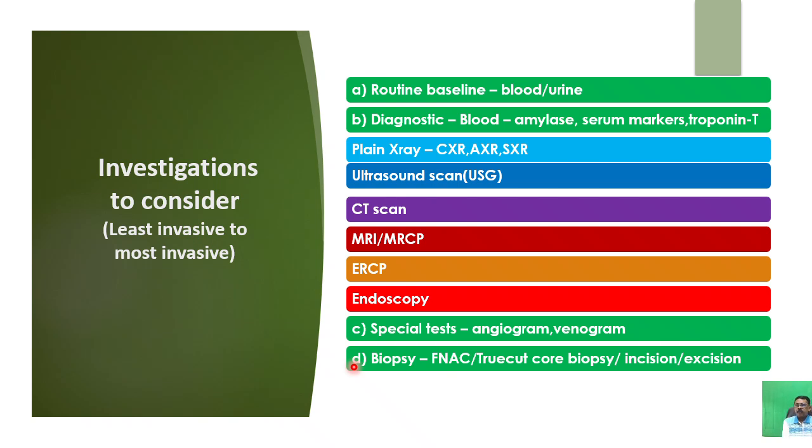Then, under special investigations, you have biopsies, various types of biopsies: fine needle aspiration cytology or FNAC, true cut core biopsy, incisional as well as excisional biopsy of the lesion.